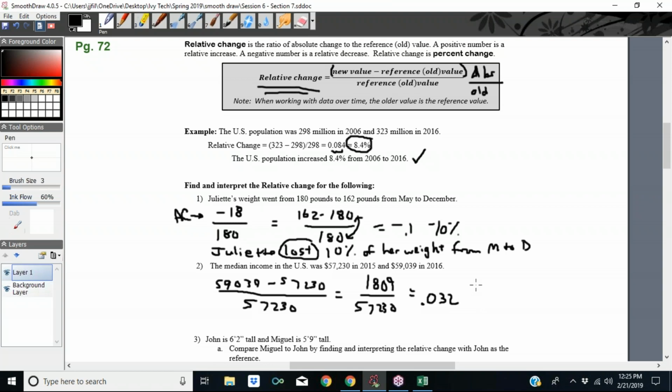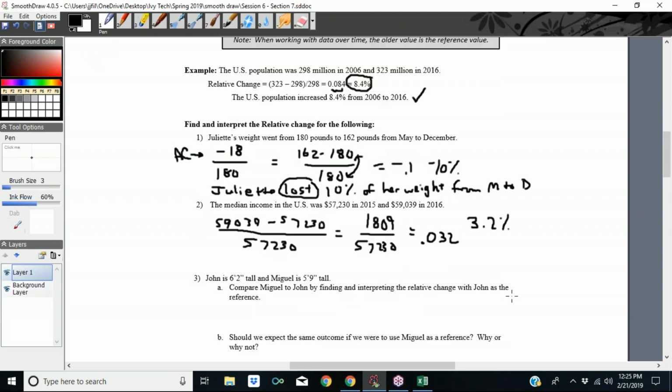So 0.032, so we could say that it went up 3.2%. So we'd say the median income in the US went up 3.2% from 2015 to 2016. That's the statement we would make.